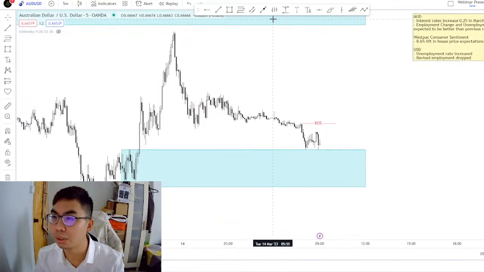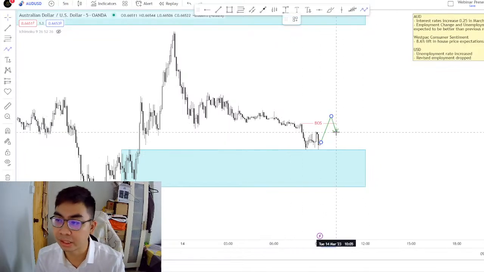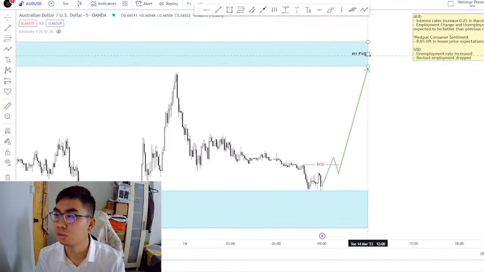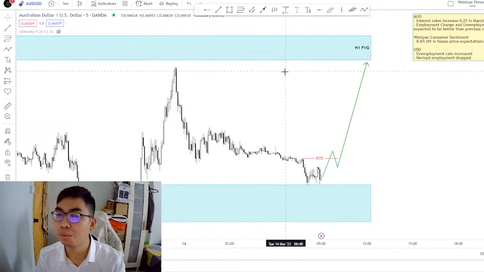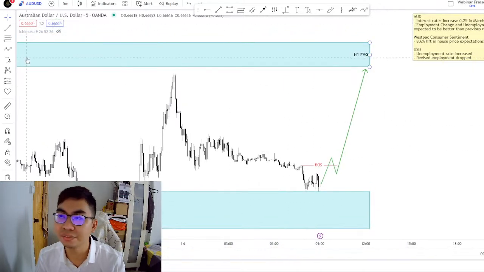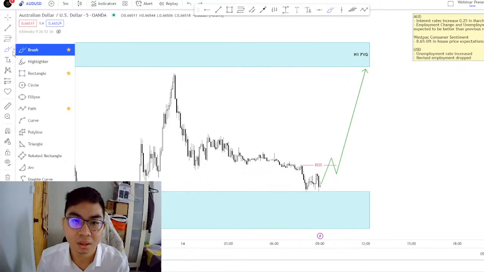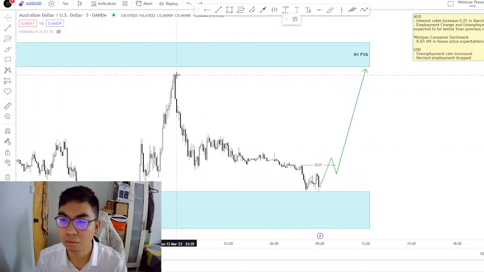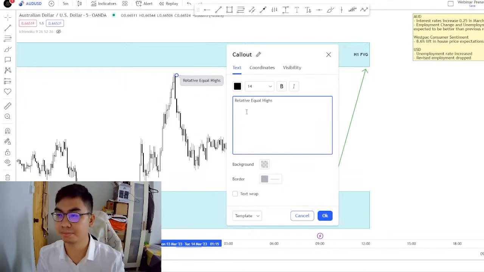How I would want it to happen is for price to go up, retrace back down, and I'll be entering right there for price to continue bullish towards the upside, towards the H1 fair value gap. What I also like is there is a relative equal high right here. I'll mark out my callouts: relative equal highs.